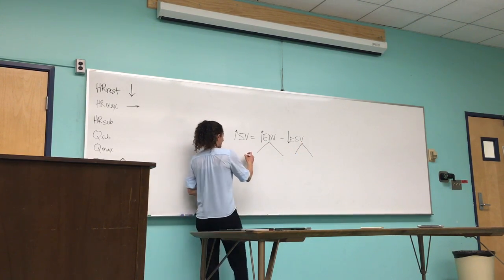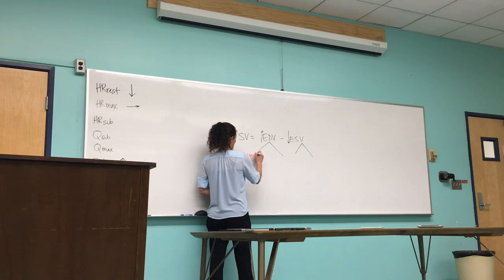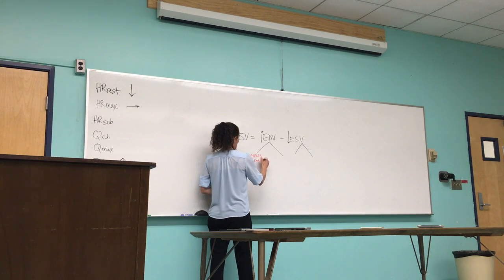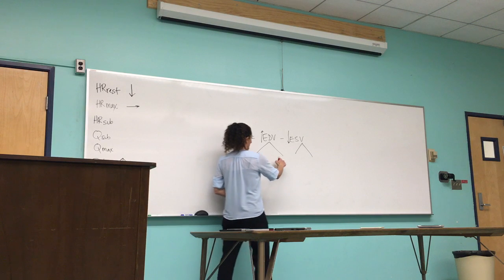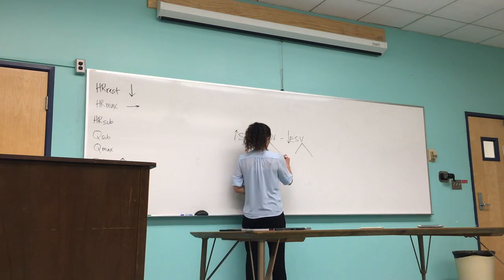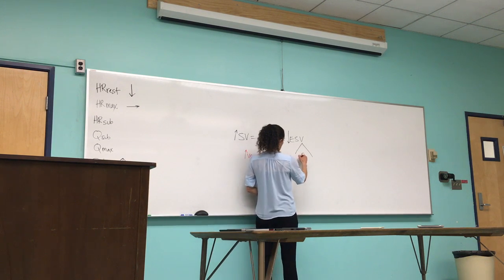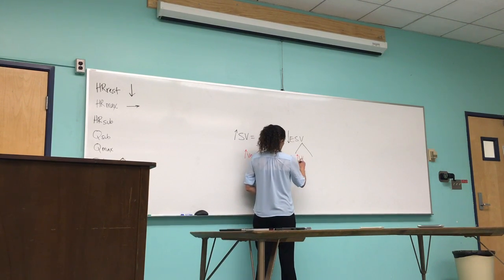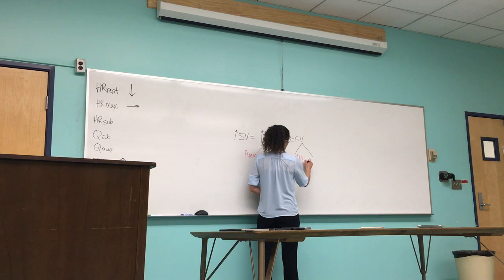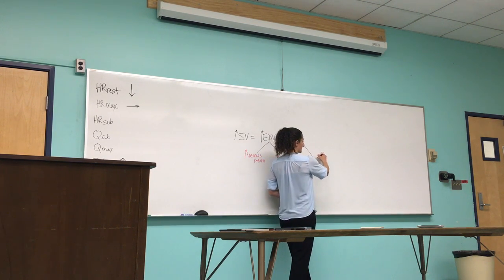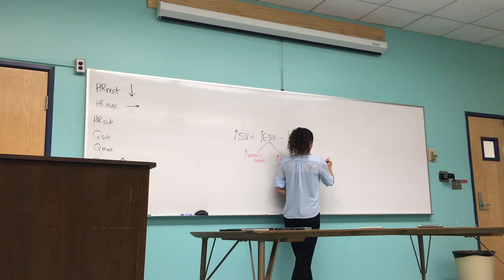What goes here? Venous return. Increasing or decreasing? Increase. What goes here? Distensibility. What goes here? Contractility. And resistance. What's happening to resistance? Decrease.